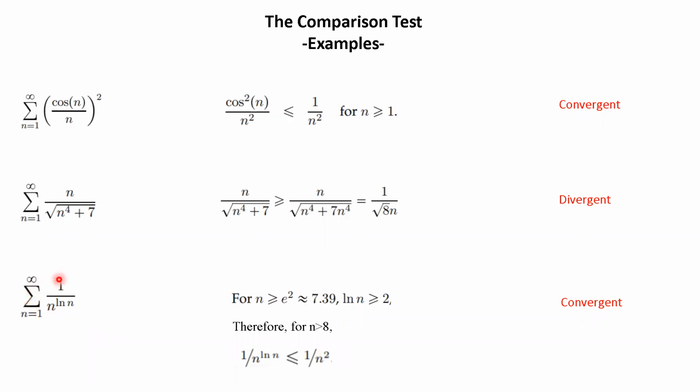So that's why this one is also a convergent series. So what about n smaller than 8? That is just a finite number of terms, and those finite number of terms will just give you a finite number, so that won't affect the convergence or divergence of this series.